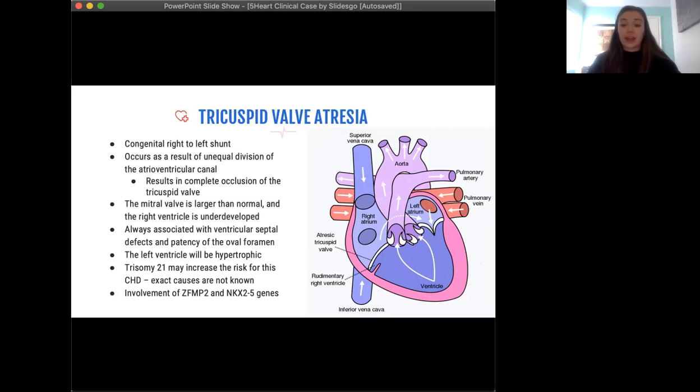And then, of course, again, as we see with so many of these defects, trisomy 21 is linked and puts the infants at greater risk. Exact causes aren't known, but it's almost certainly involved with genes ZFPM2 and NKX2-5, which, as we know, is our master gene for heart development.